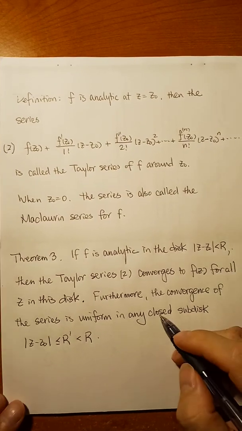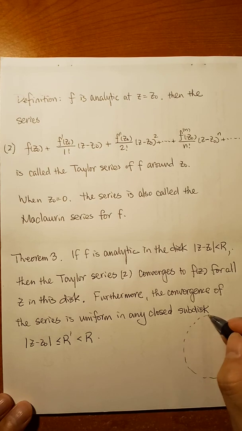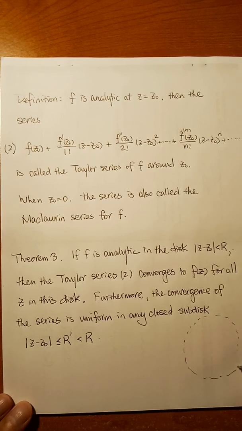So you have this open disk, center is z0, and you have the radius r.